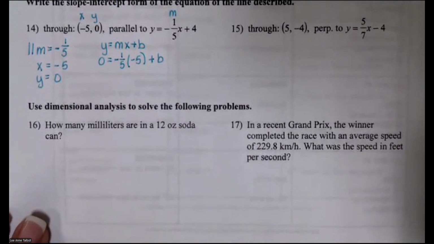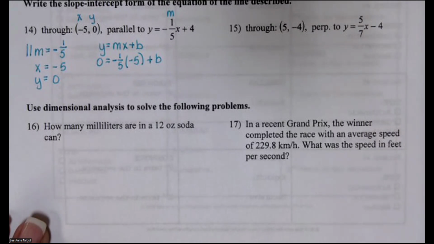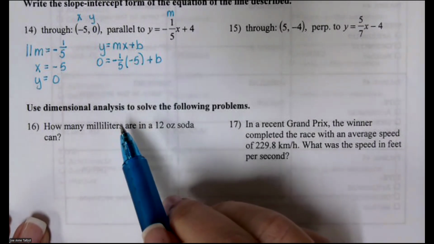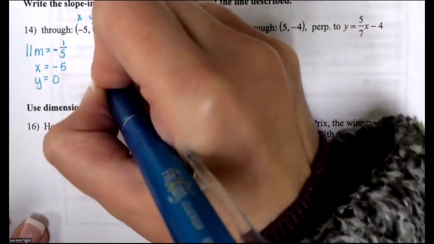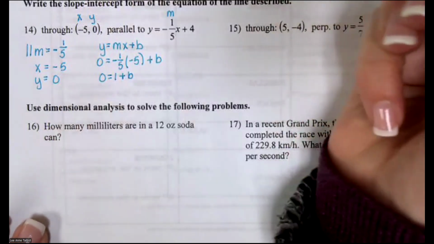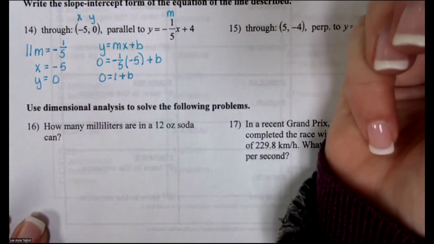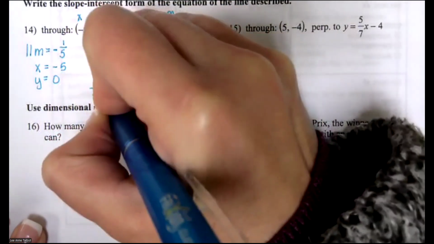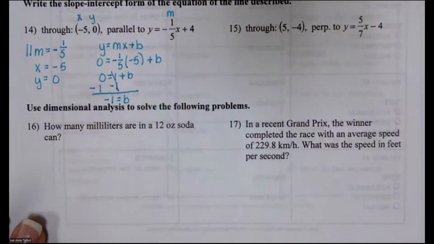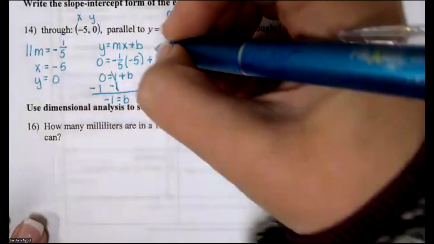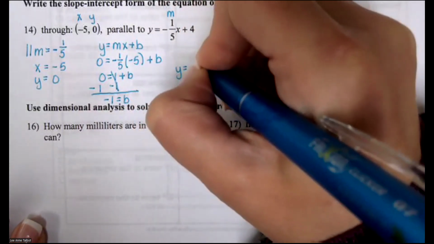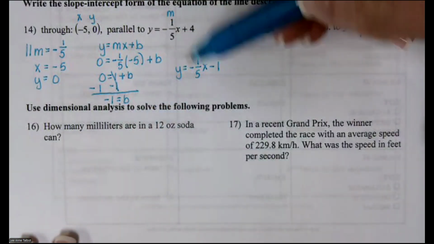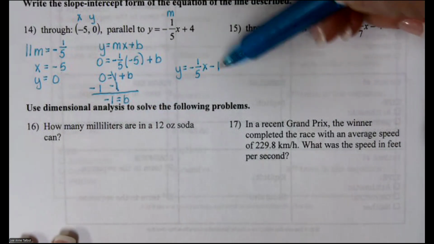What's negative 1/5 times negative 5? Okay, the 5s cancel and the negatives cancel. 1. y equals negative 1/5 x minus 1. Okay, so remember, parallel lines have the same slope, different y-intercepts.